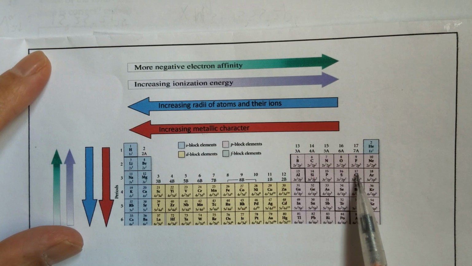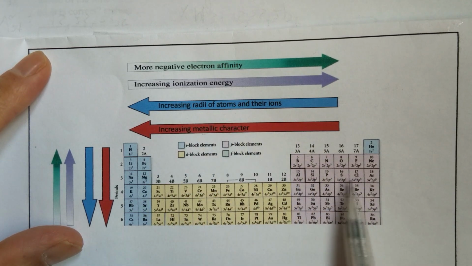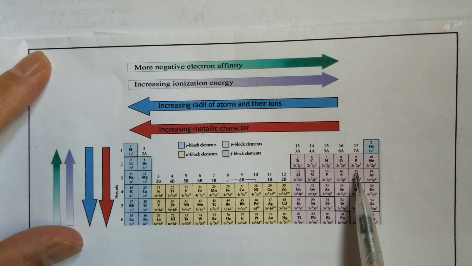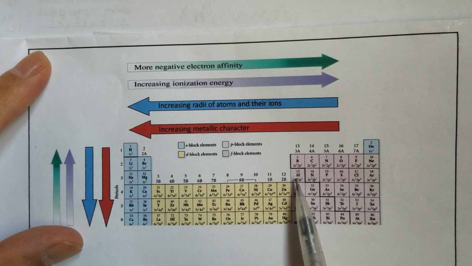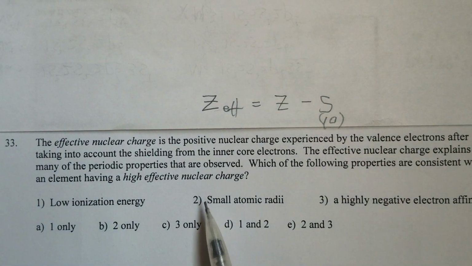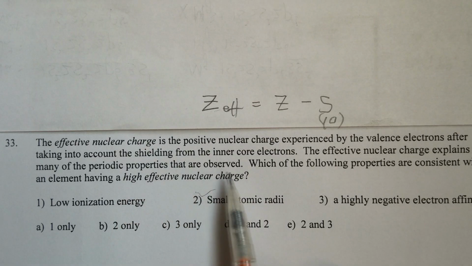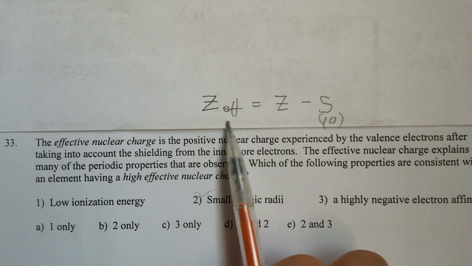So the atomic number actually increases. From that sense, this one would deliver this result. The smaller the atomic radii, the greater the Z, and then, of course, the greater the effective nuclear charge.